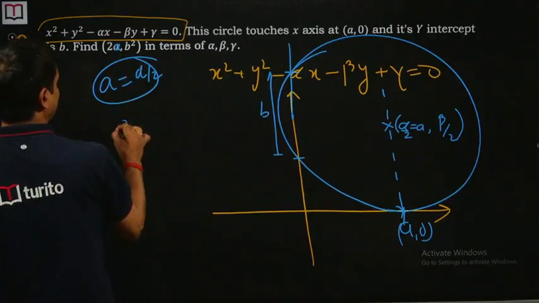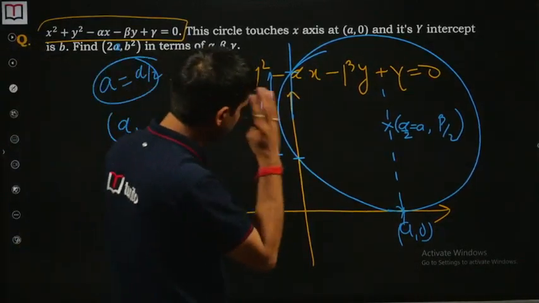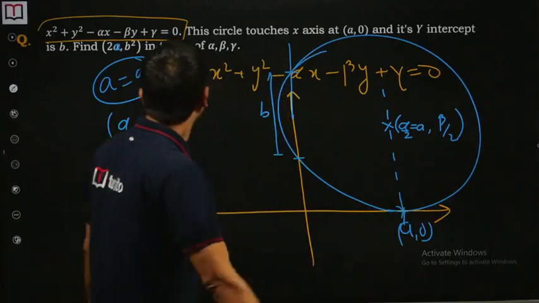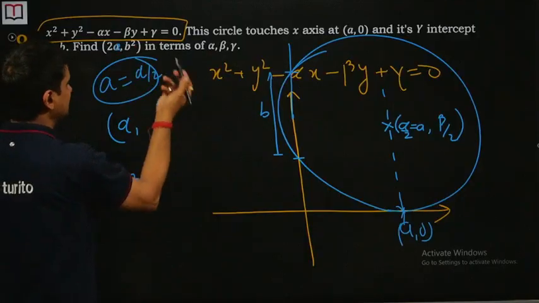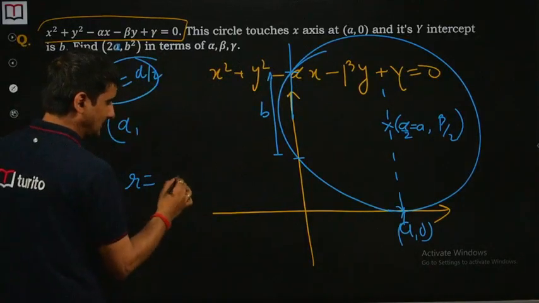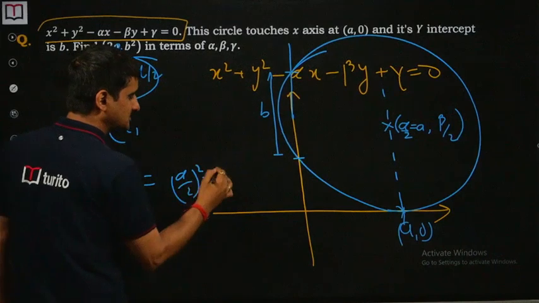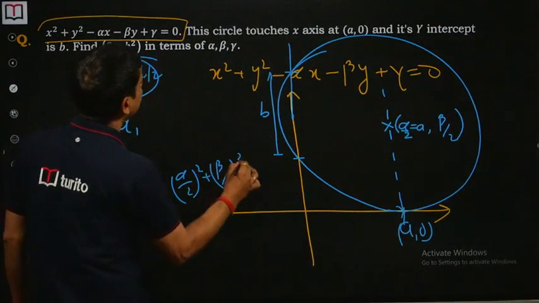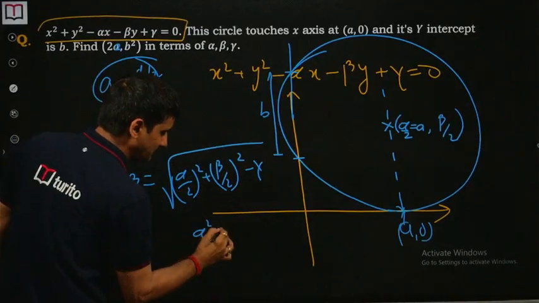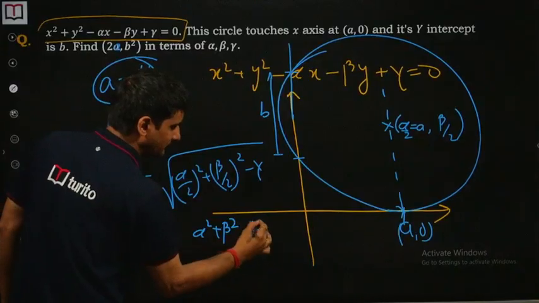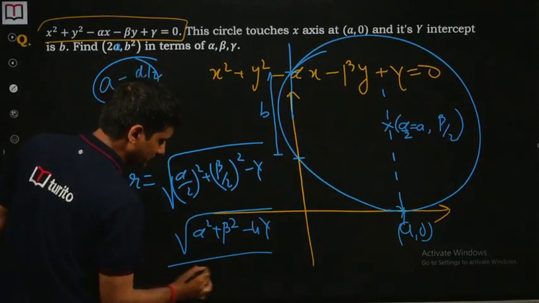So this is alpha. Now we have to get b square. Now, what's the radius? The center is alpha by 2, beta by 2, so alpha by 2 whole square, g square plus f square minus c. That's the radius. So square root of alpha square plus beta square minus 4 gamma, by 2, is the radius.